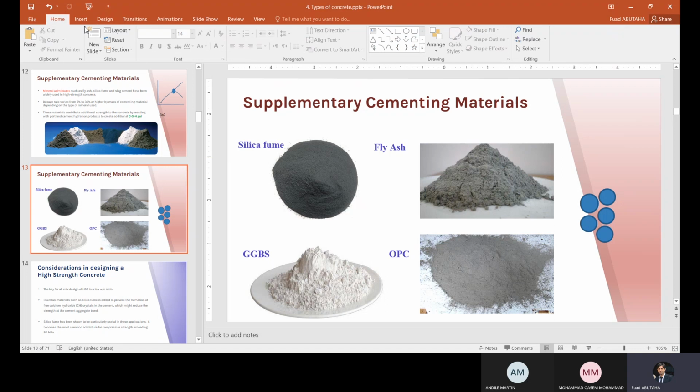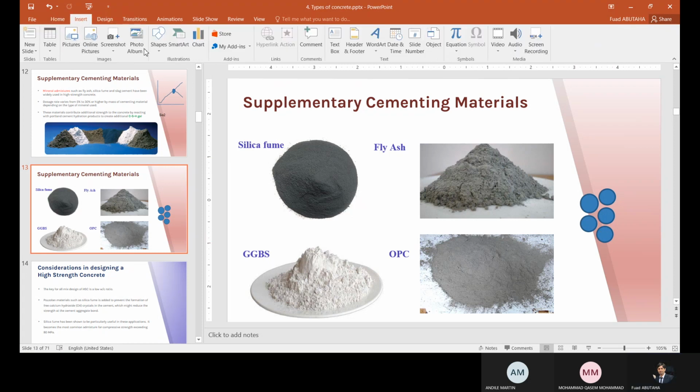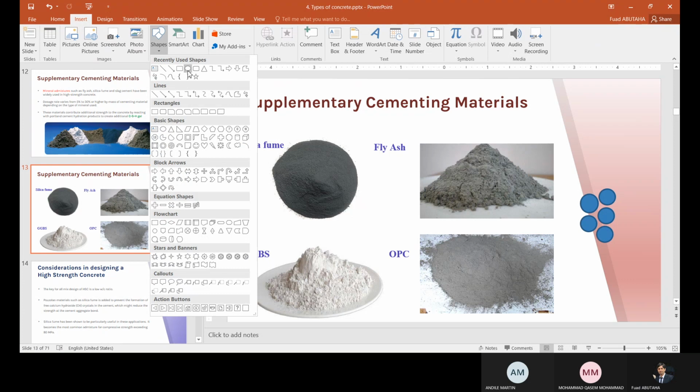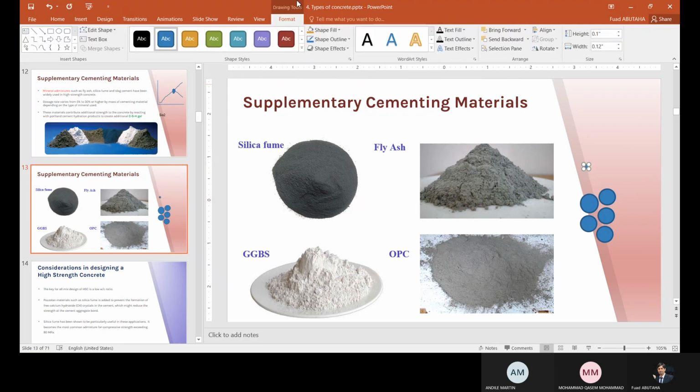If I use a material that has a particle size which is 100 times smaller than this one, which would probably look something like this if we compare it, these particles will come and fill all the spaces between the cement particles themselves.